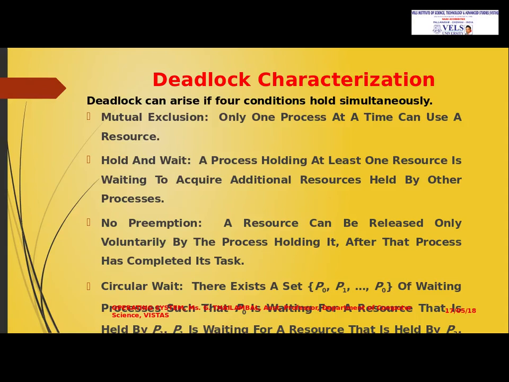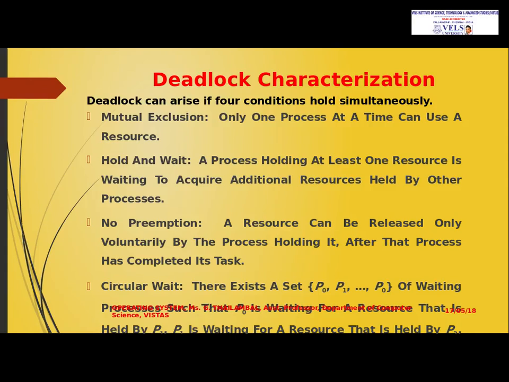And no preemption means we cannot voluntarily release the resources from the process. A process will hold its resource and wait for another resource till the OS gets closed or till the execution gets completed. But since the deadlock is in the OS, it is not going to close the execution, so it will stay in the deadlock state. Then circular wait.